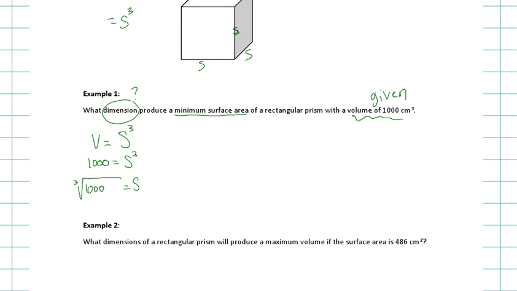Okay? 10. So it's going to be a cube with side length 10, right? So 10 by 10 by 10. That's going to give me a volume of 1,000.